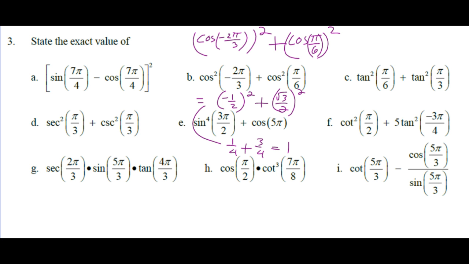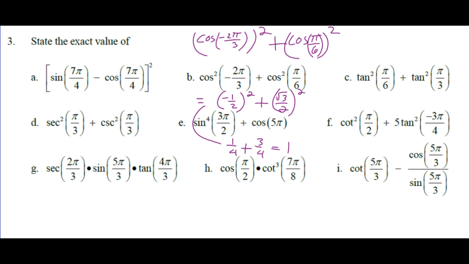So you have to get the secant of pi over 3, which means you have to get the cosine of pi over 3, and then you're going to flip it, right? So for sec squared pi over 3, you think, I need 1 over the cos of pi over 3, squared. So I need the cosine of pi over 3. What's the cosine of pi over 3? It's 1/2. I need the reciprocal of 1/2, which is 2. And I'm going to square it, so I get 4.